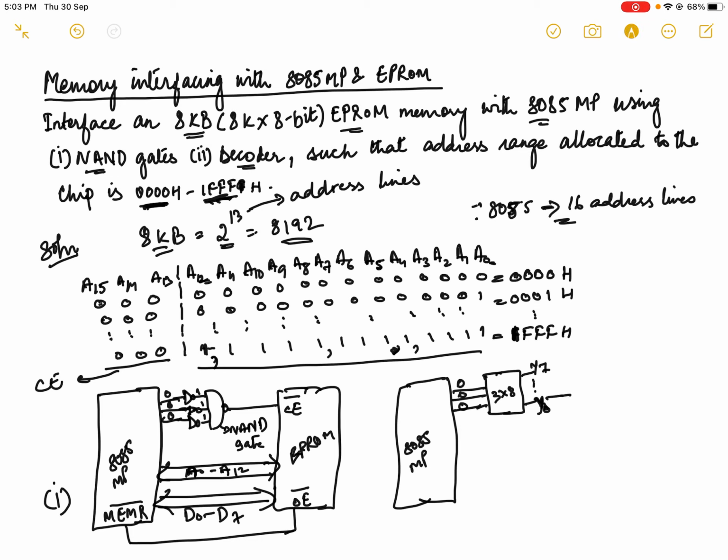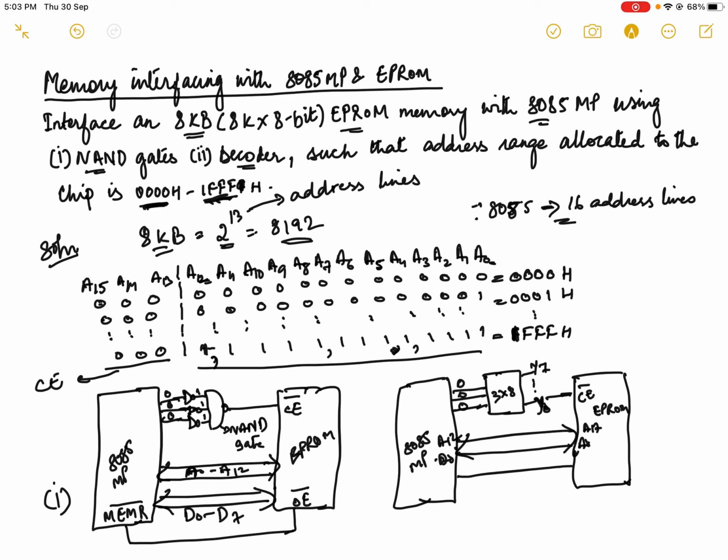This Y0 will be fed to the chip select of the EEPROM, and the rest of the outputs will be left open. The address lines go this way: this is A0 to A12 going to the EEPROM, and similarly this goes as D0 to D7.